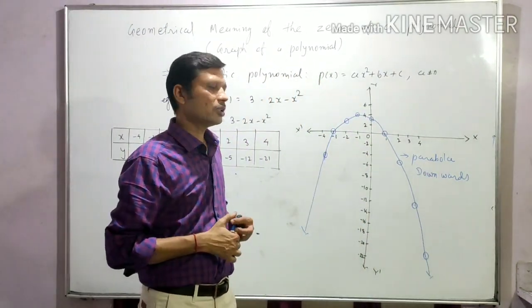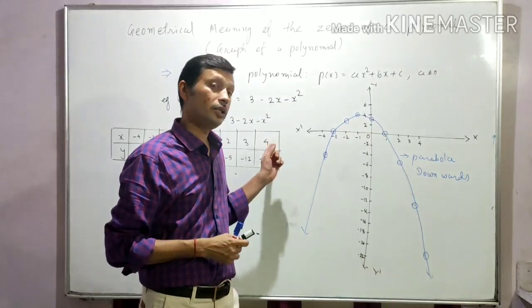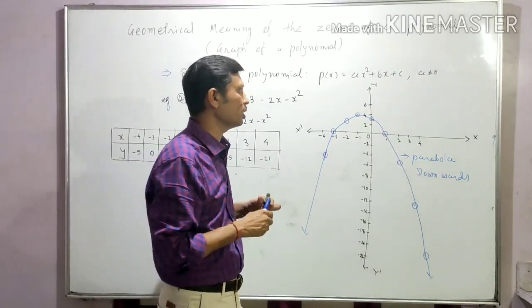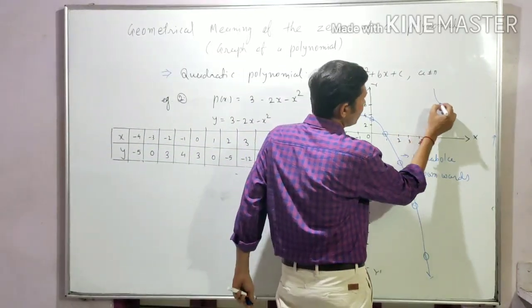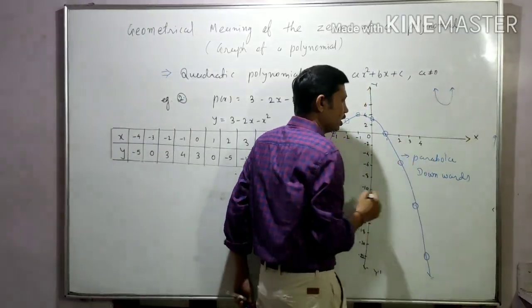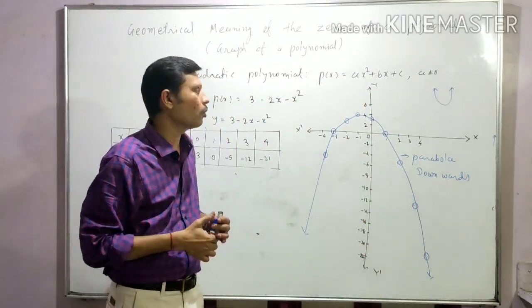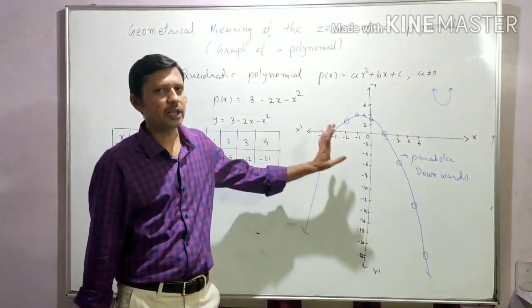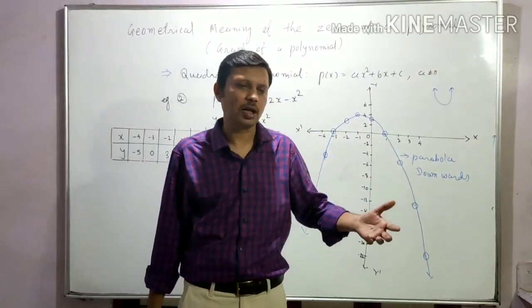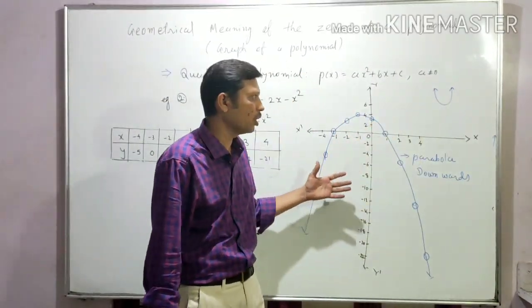So, parabola upwards and parabola downwards. Earlier our graph was a parabola upwards, and here is a parabola downwards. So for a quadratic polynomial in variable x, we can get two types of graph, parabola upwards as well as parabola downwards.